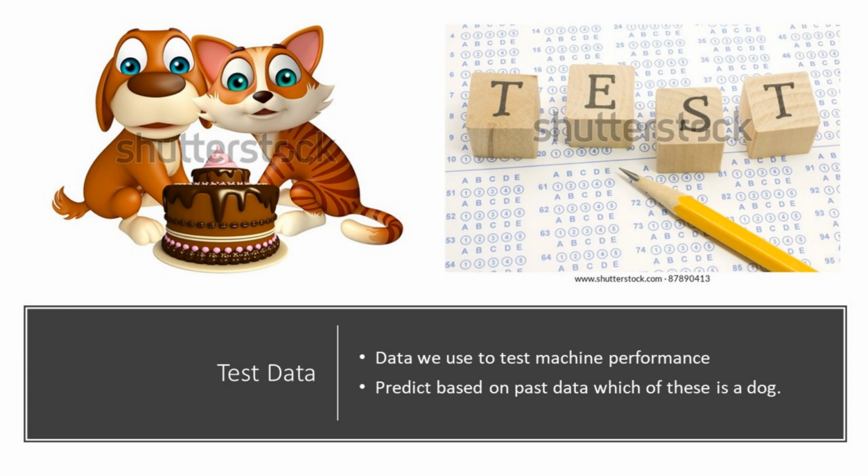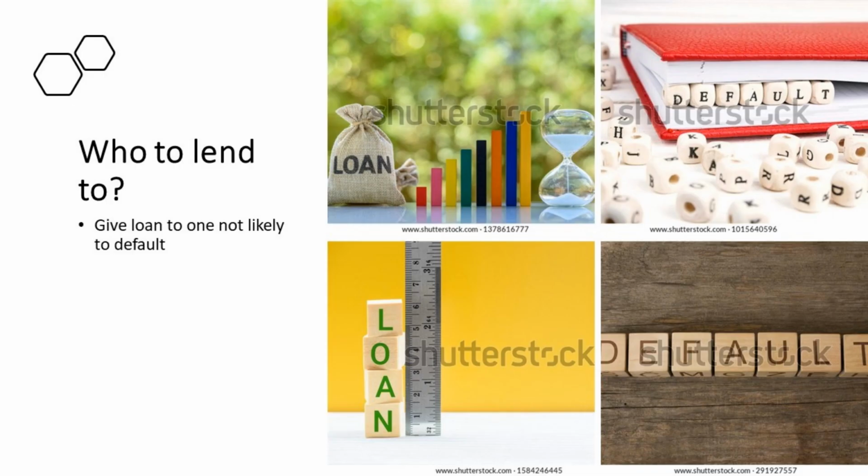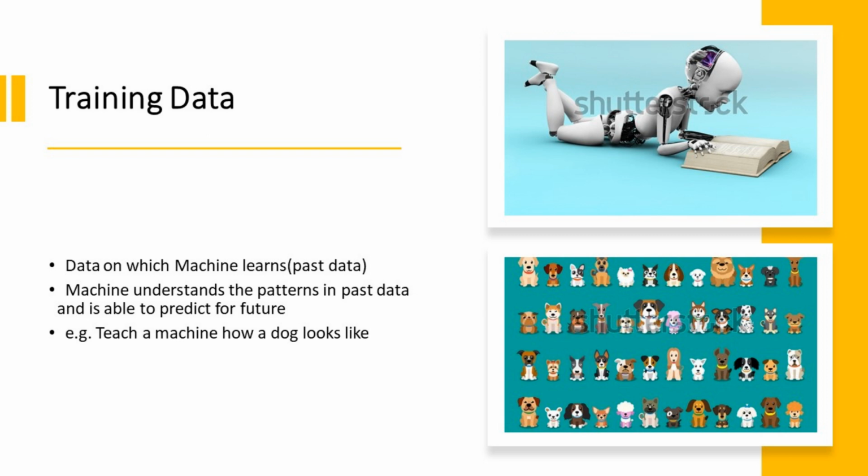Let's say you have had 1 lakh transactions in your bank. Let's say 95,000 did not default and 5,000 defaulted. Now you have trained the machine that the 95,000 people who did not default have these types of characteristics, and the 5,000 people who defaulted have these other types of characteristics.